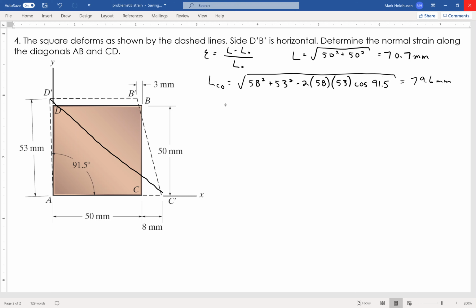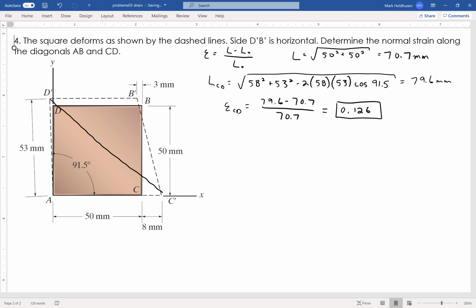Plugging that in to find the strain of CD, that's going to be 79.6 minus the initial, which is 70.7, divided by the initial, which is 70.7, and the strain along the CD diagonal is then 0.126. And again, that's the normal strain. We're not trying to find the shear strain. It's the change in length of the diagonal, essentially. So along that line, the strain is 0.126.